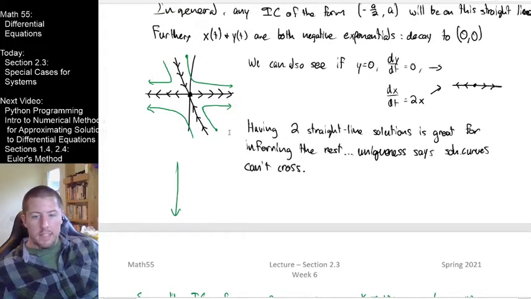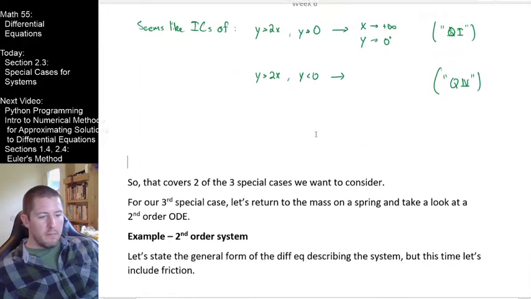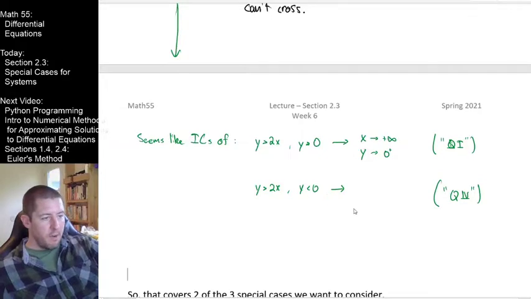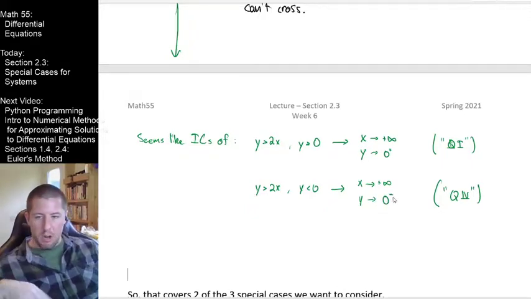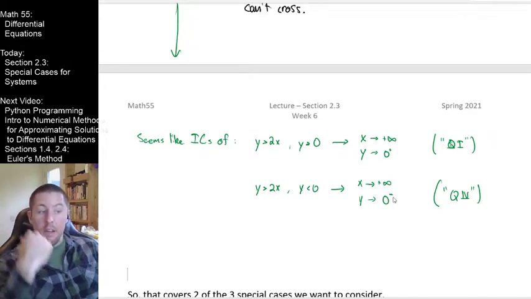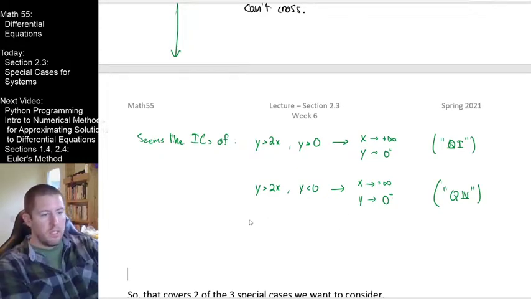Again, it seems like any initial condition that starts there is going to get spit out to the right in the long term. So our x value is going to go to positive infinity. And our y value is also going to approach 0, but it's doing it from below. So the y's are always going to be negative because they started negative and they're decaying towards 0.